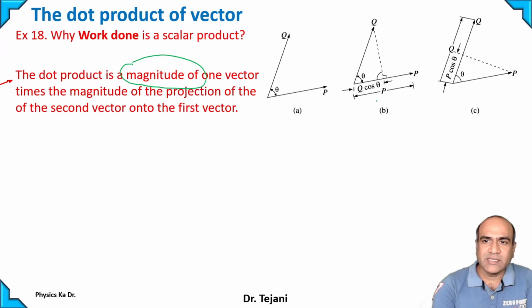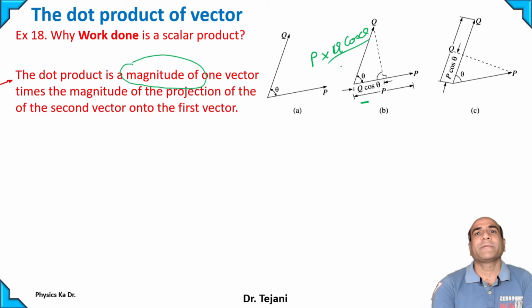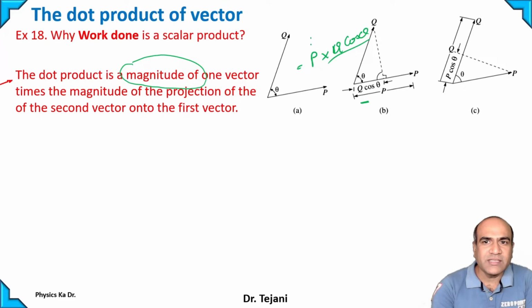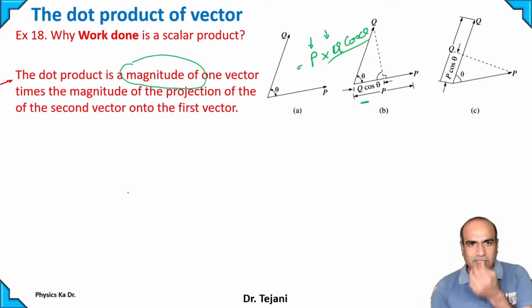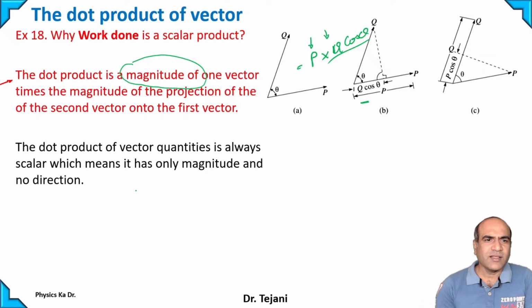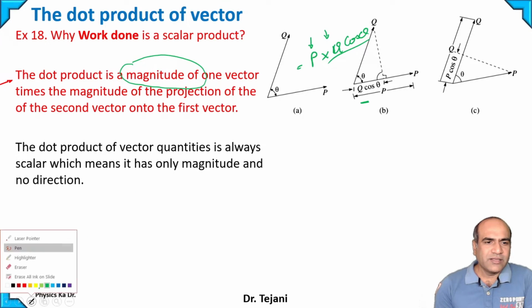And it is a multiplication of P and the projection of the other one like Q cos theta. Therefore, ultimately, if it is just a multiplication of magnitudes, that means it gives a scalar. Right?